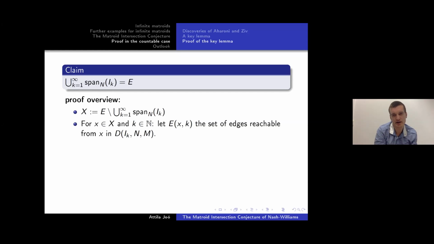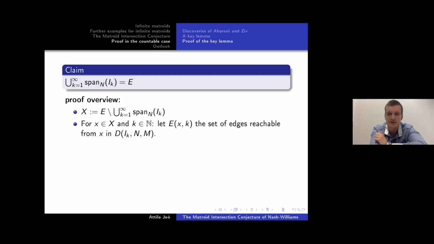For every I_k, we can build the corresponding D, which I denoted here as D_{I_k,M}. E_{X,k} is the set of all elements of E that are reachable from X in this auxiliary digraph.